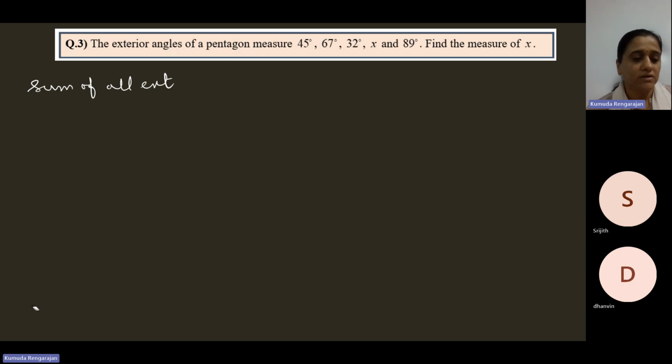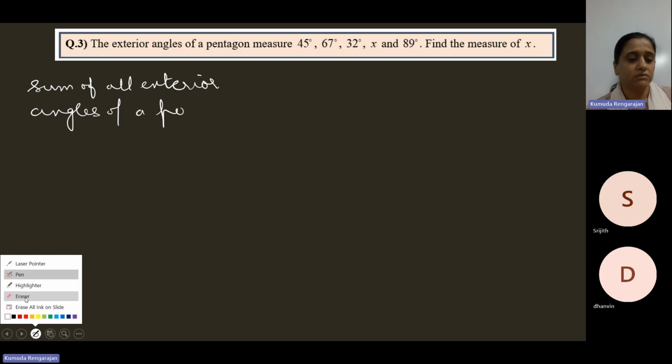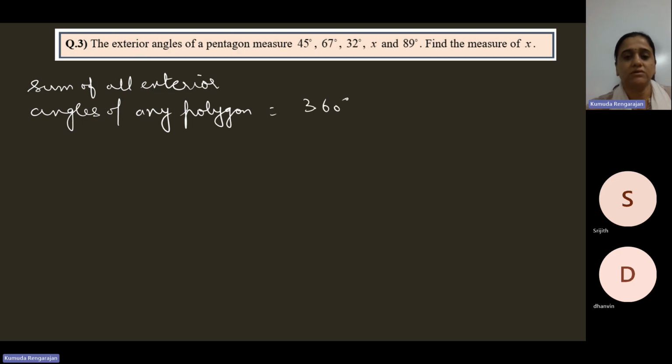One second. So the sum of all exterior angles of any polygon is equal to 360 degrees.